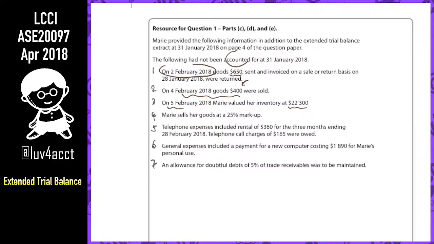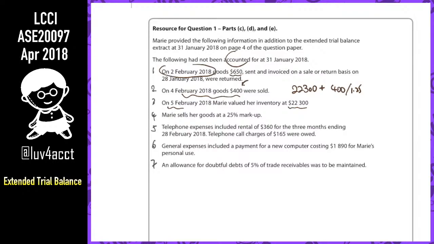But in the mark scheme, it says 22300, of course. And then we have to add back this 400, but divided by 1.25 because we have to reduce it back to cost.